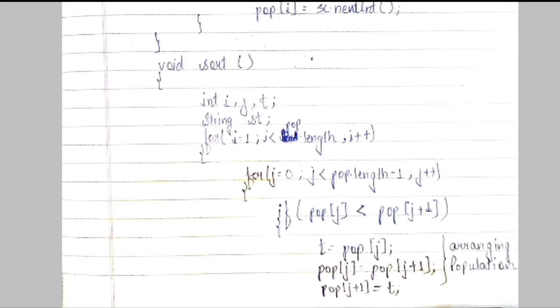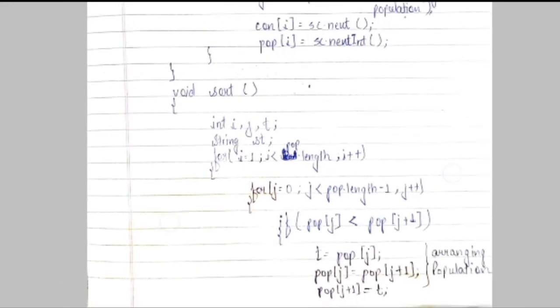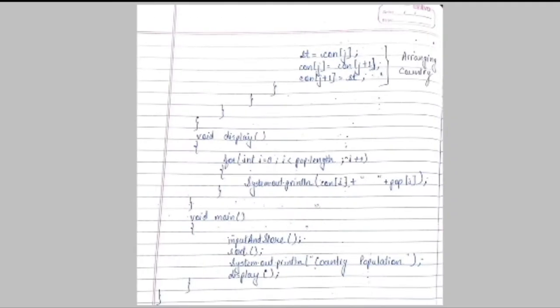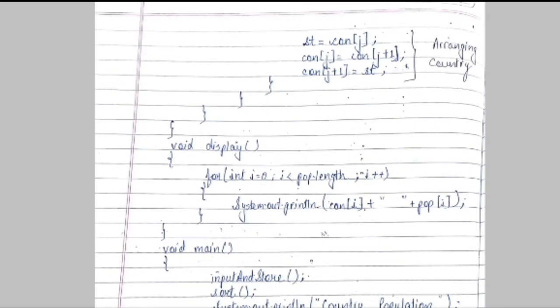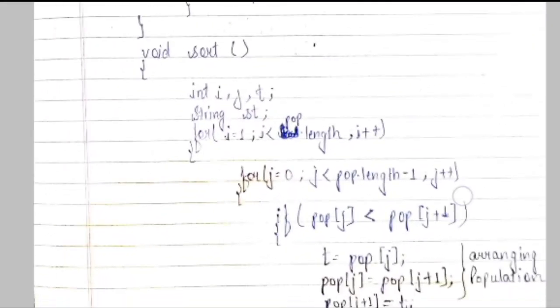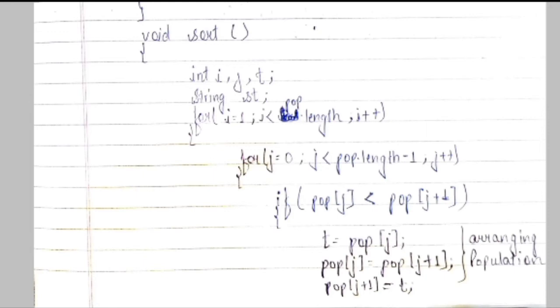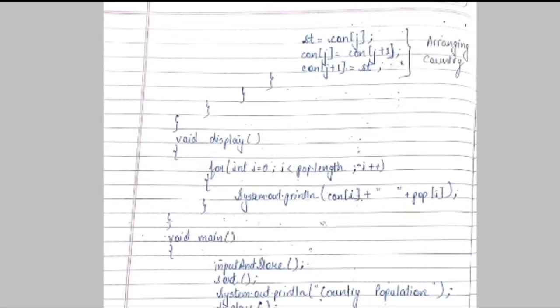During the sorting of array elements of population, we have to keep in mind that not only do we have to sort the array elements of population, we also have to sort the array elements of the country, as we did for sorting the array elements of population. So here you can see that I have sorted both the array elements, population and country.